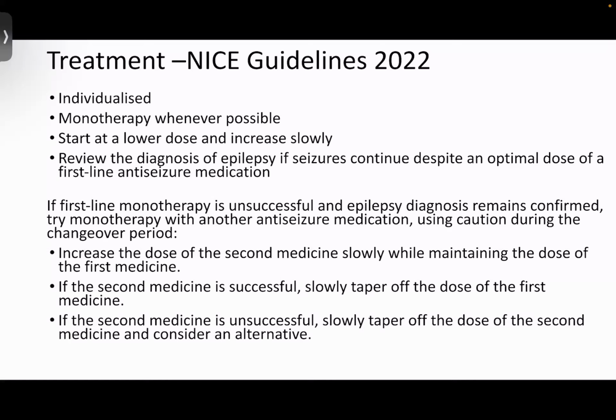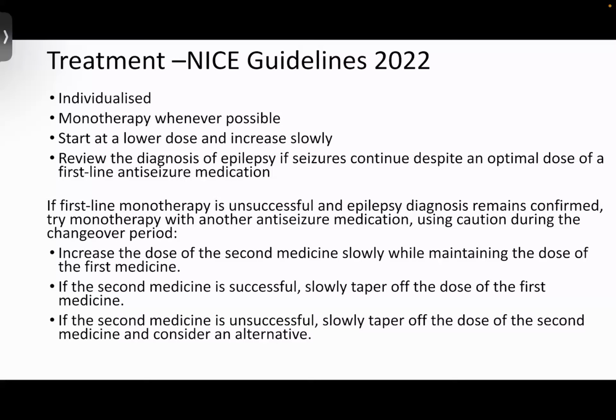This is somewhat controversial, and mostly applies to the second agent or adjunctive medication, whichever we are starting. So despite an optimal dose of the first line anti-seizure medication, if the patient is developing seizures, it is always best to review the diagnosis of epilepsy which we are treating.